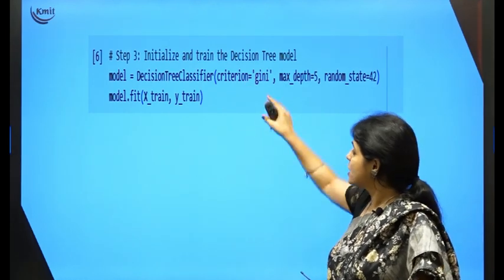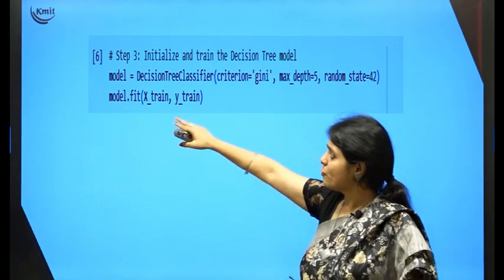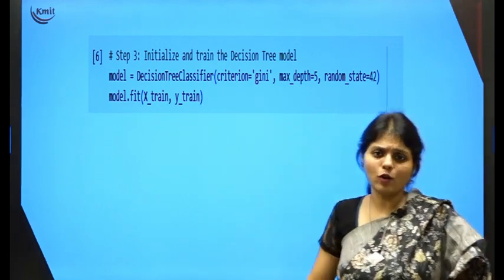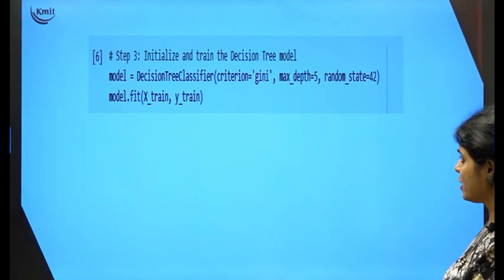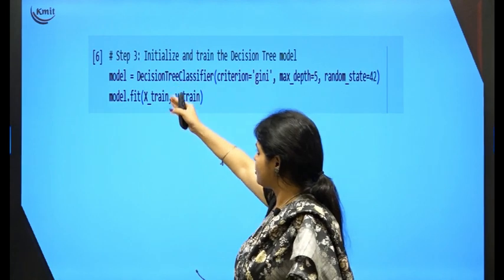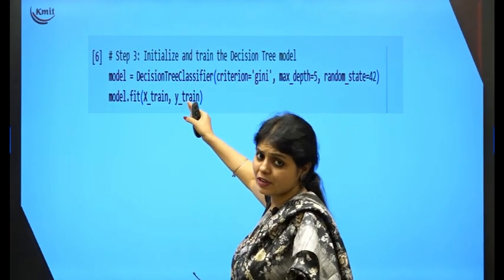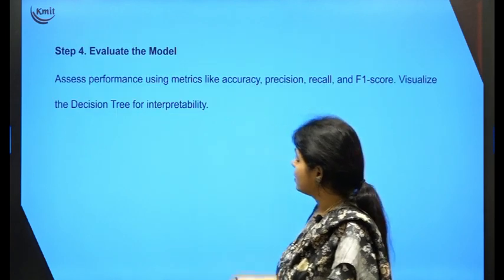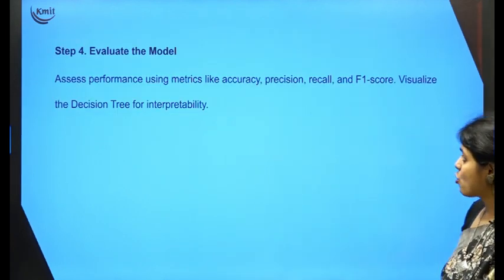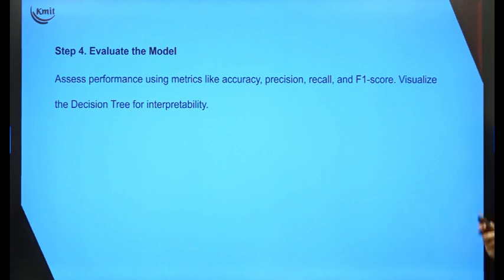Then you fit the model with X train and Y train, the same training data. X is nothing but the input features, Y is nothing but the target variable, both input and output of the training data.